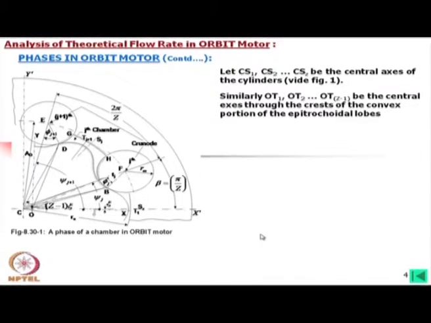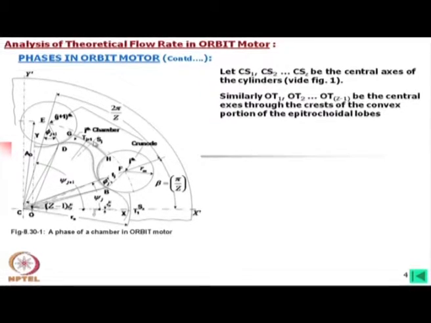Similarly, we have taken OT1, OT2, up to OT(Z-1) as the central axes through the crest of the convex portion of the epitrochoidal lobes. So, this is the convex portion. If we take the topmost crest point, we number it OT1, OT2 etc. In this case, we have taken OT1 to be here.